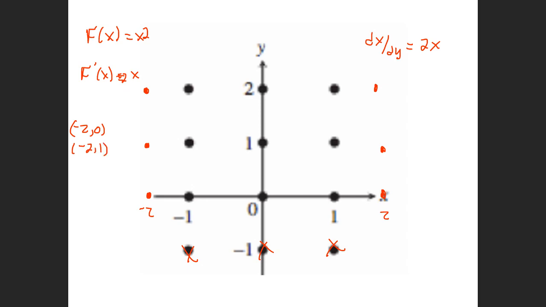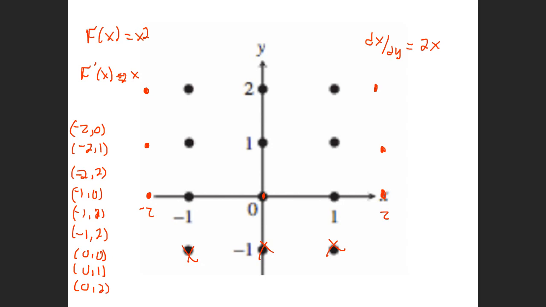This point here is -2, 2. Then I go to this point, that's -1, 0. And then I'm going to go up, so that's -1, 1, and then -1, 2. Then I'm going to go to this point, and I'm just going to say 0, 0, 0, 1, 0, 2. And let me tell you, sometimes you'll get this many points and you'll get more.